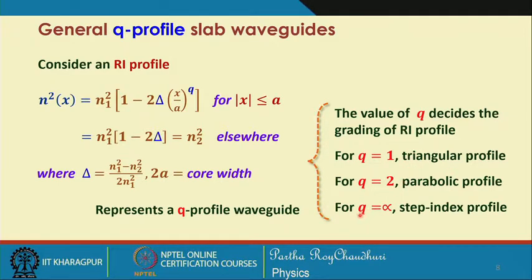For q equal to infinity, it becomes a step index profile, because this quantity to the power of infinity will represent a, you will get simply n 1 square and you will get simply n 2 square.